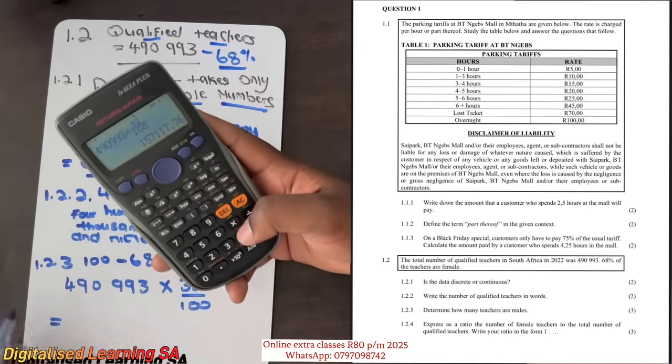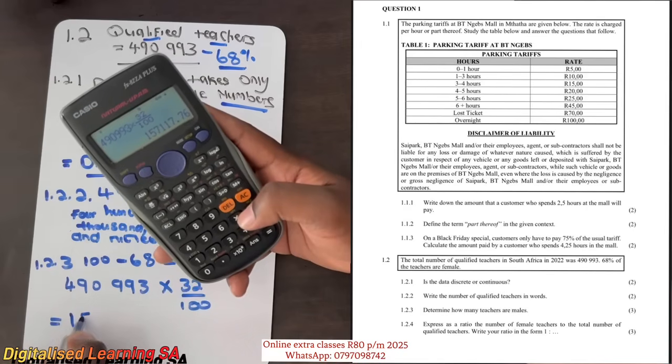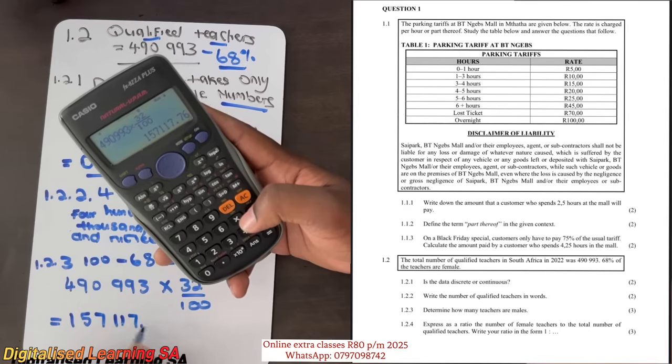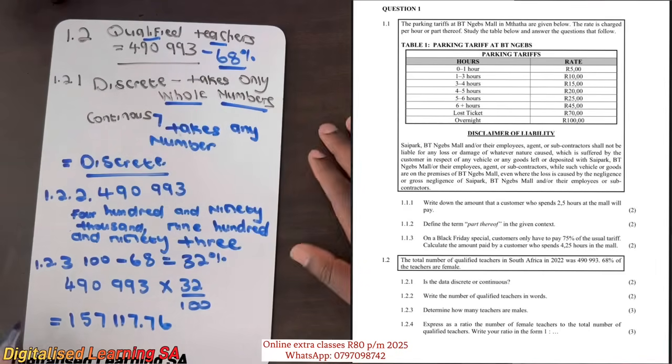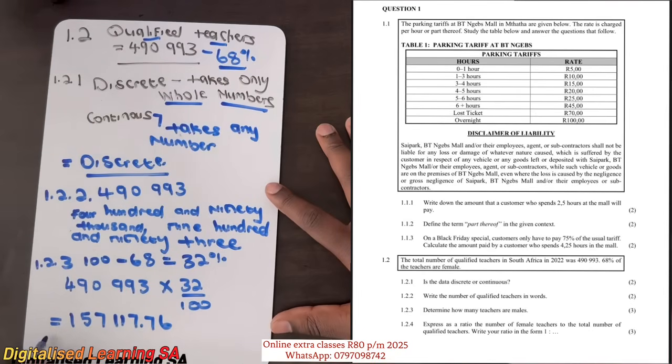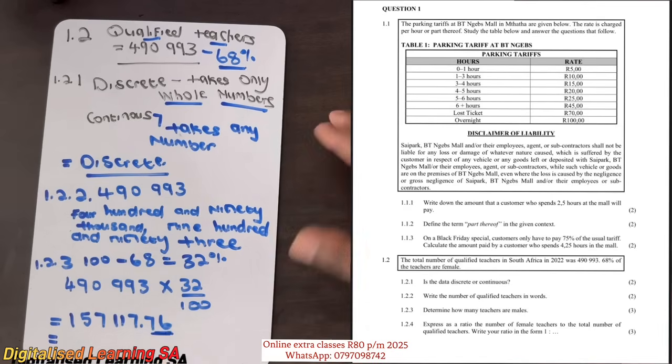And our answer will be 157,117.76. And remember, guys, that in our first question, we said that the answer needs to be a whole number. That's why we concluded that the data is discrete, meaning that we need to take away this decimal.